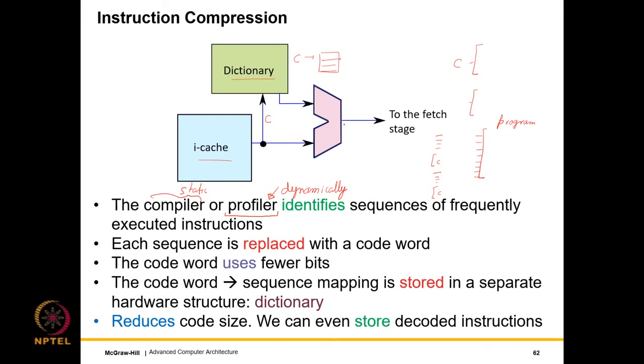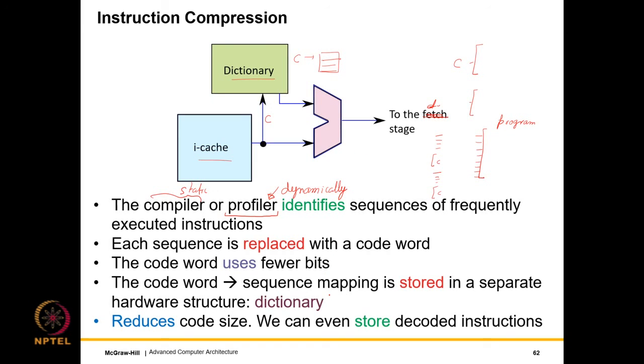These instructions are then sent to the decode stage, right? No, I'm sorry, this is actually the fetch stage, because there are other things that the fetch stage also does. So this is sent to the rest of the fetch stage.